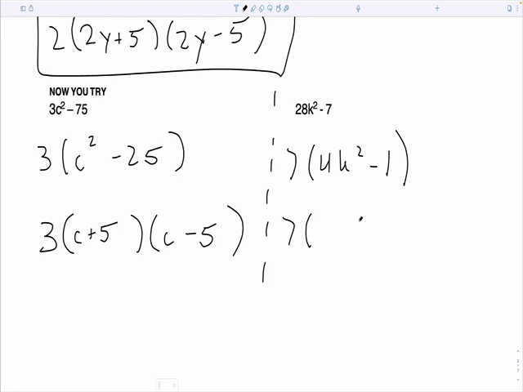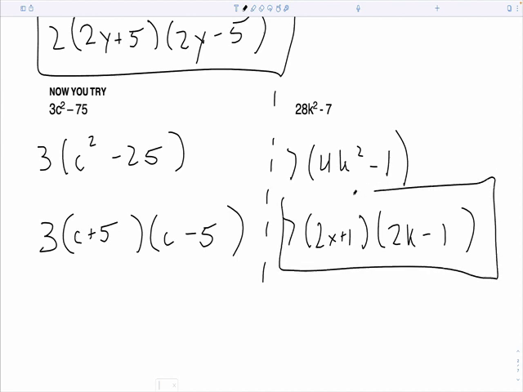Give me the two binomials, Tanner. Binomials. What are those factors? 7 times 2k plus 1 times 2k minus 1. Do I do anything with that 7, Wyatt? Do I do anything with this at the end of my answer? No, it just stays there. And we're not going to forget it and leave it out because it was part of our answer.